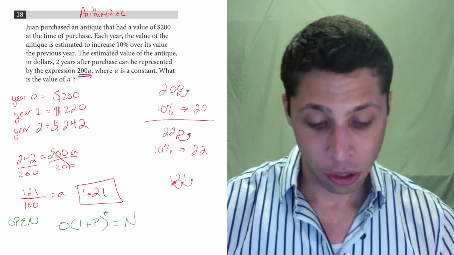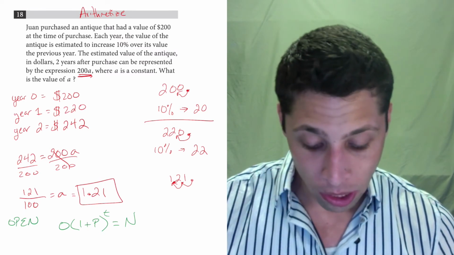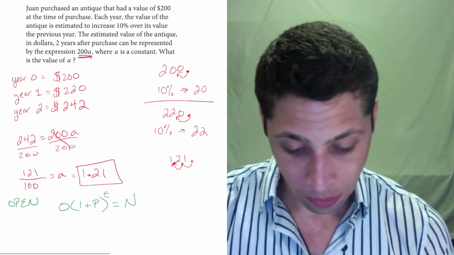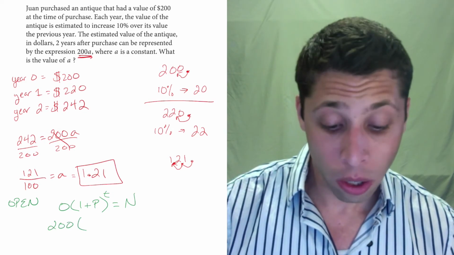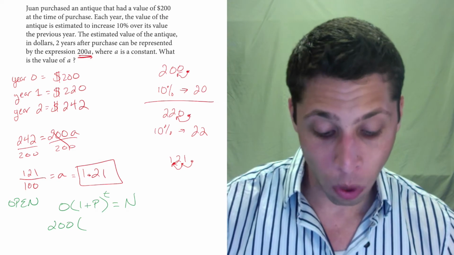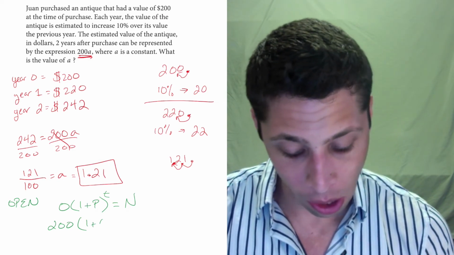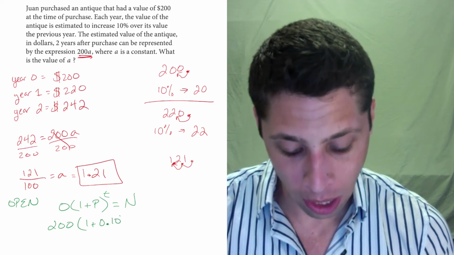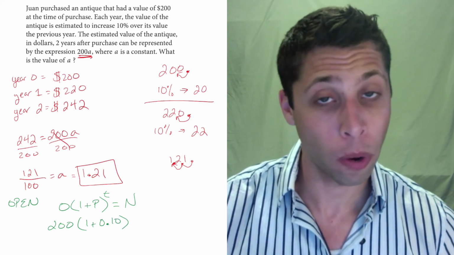Okay? So based on the equation, we can fill in a lot of this stuff. We know the original is 200. We know that 1 plus p is going to be 1 plus 0.10. It's 10% as a decimal, 0.10.